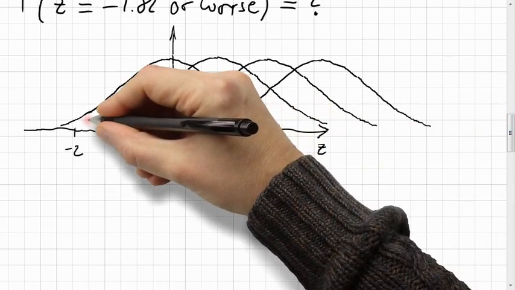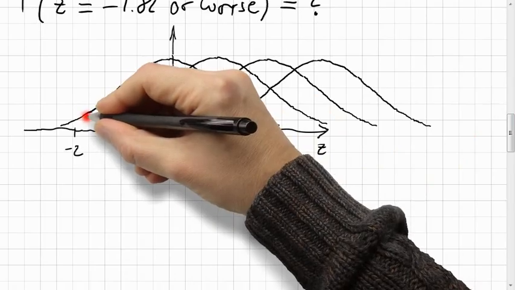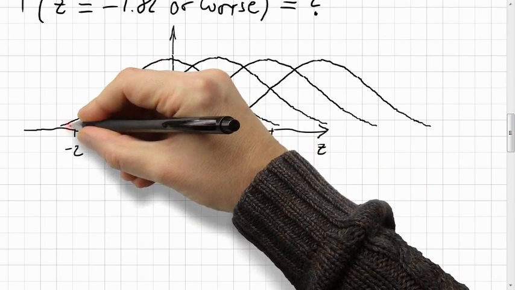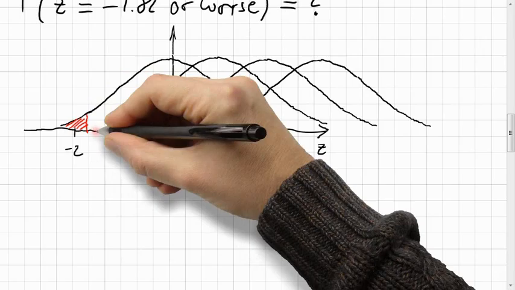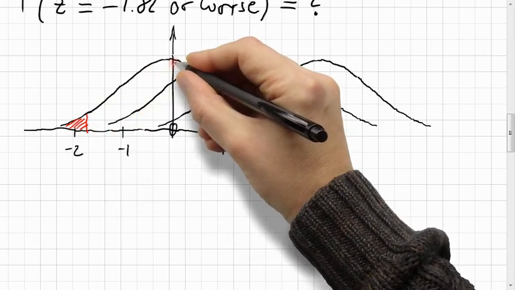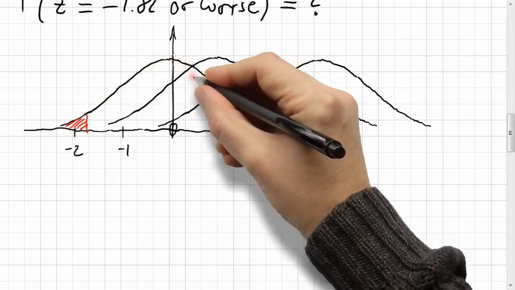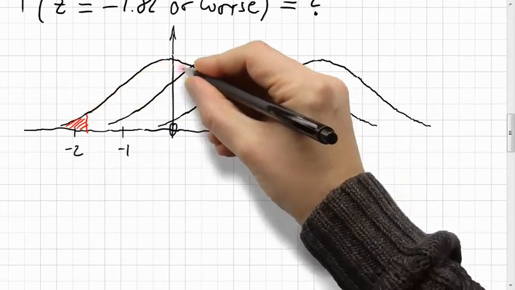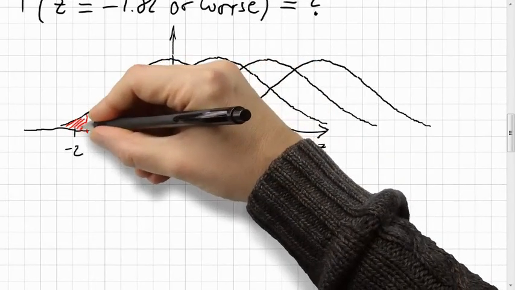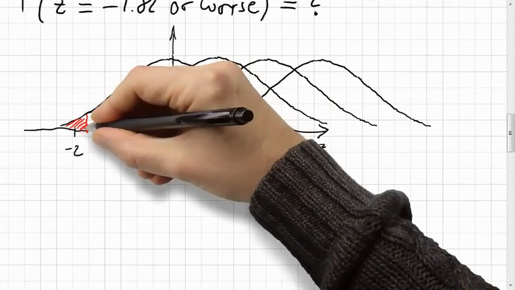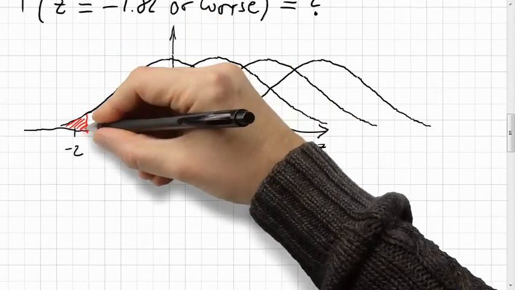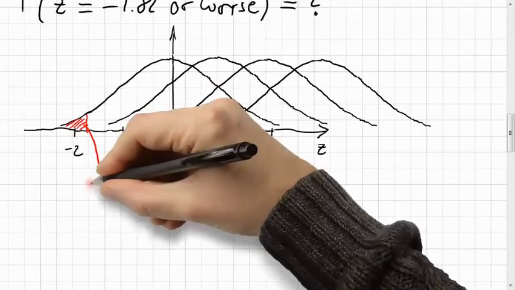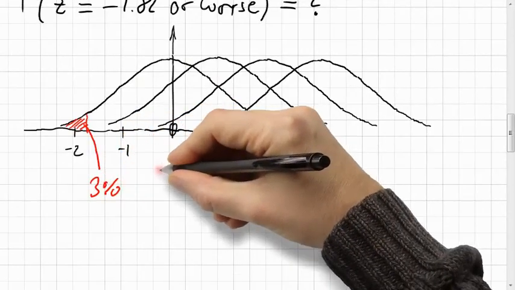On the left-hand side, that's pretty much what happened before. If, a big if, the expected value is 6, this curve is valid, this distribution is valid, and hence we end up with a z-value of minus 1.82 or less in 3% of the cases.